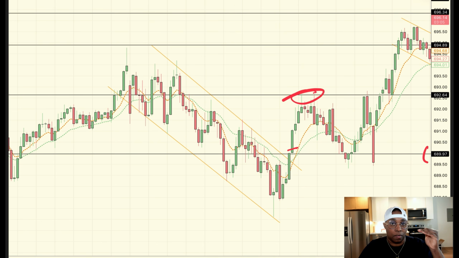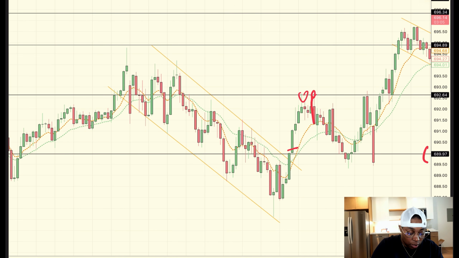I had my take profit already set on Webull, so as soon as it hit, it closed out the trade, and as you can see, it rejected and came right back down, rejected that same level twice. And right over here, these two little areas are where I was looking to see the price hit and come out, and we pushed on up to 692.64, and the trade was closed.